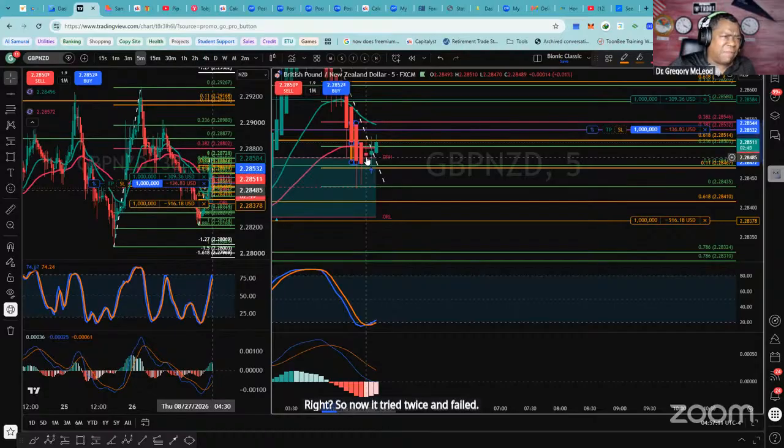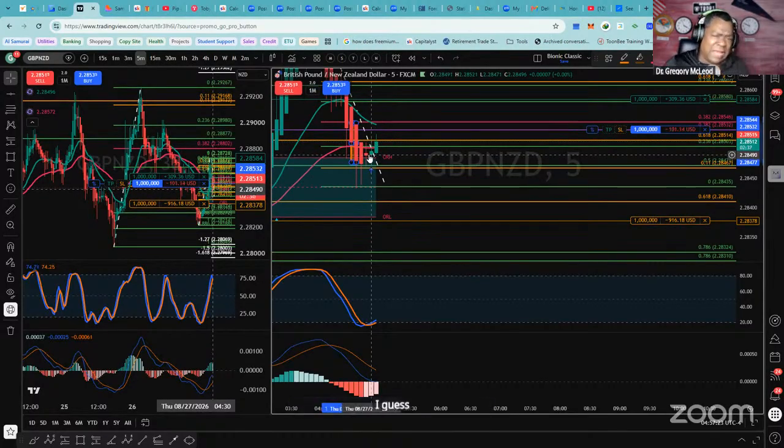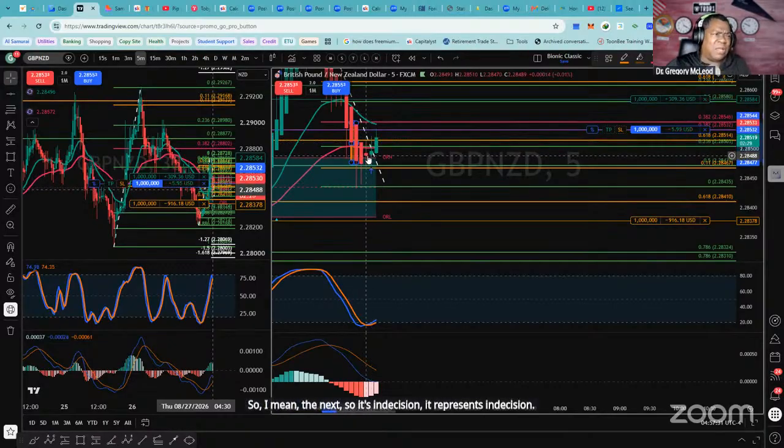Then they were thinking about it and failed with a southern doji. Southern doji is red. Northern doji is green. I guess it has an accent, a southern doji. So it represents indecision. Do I want to go lower or higher?